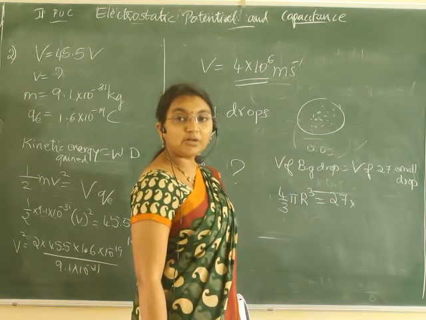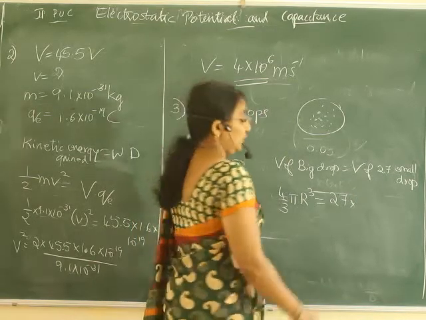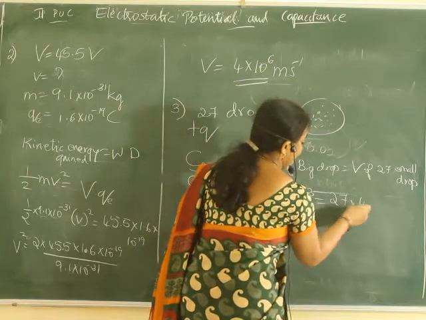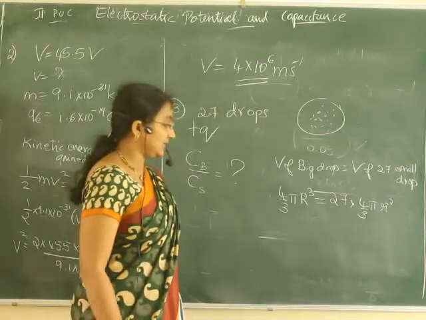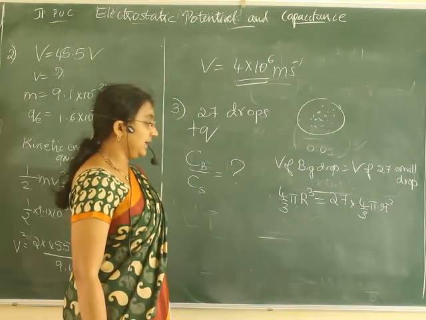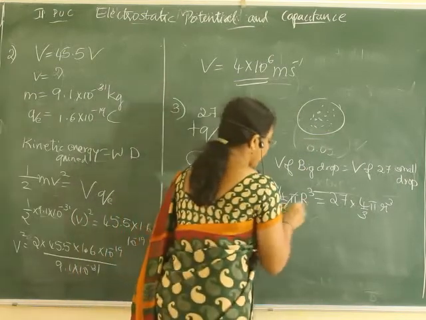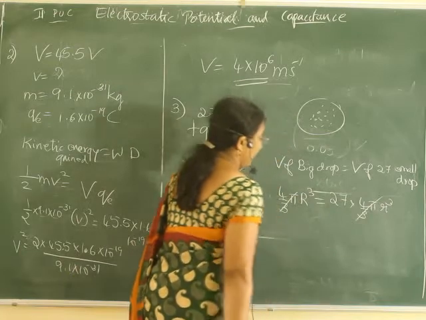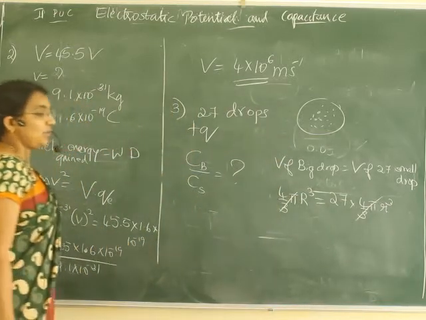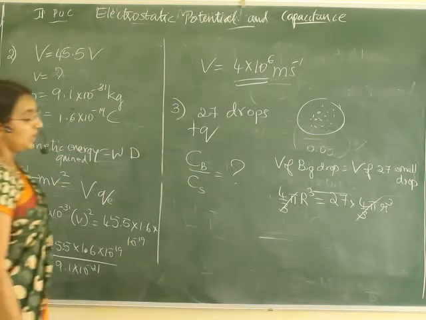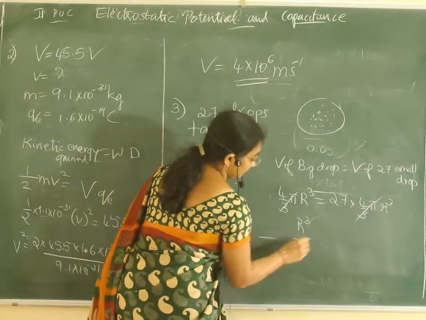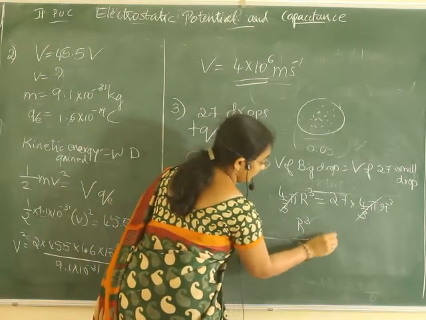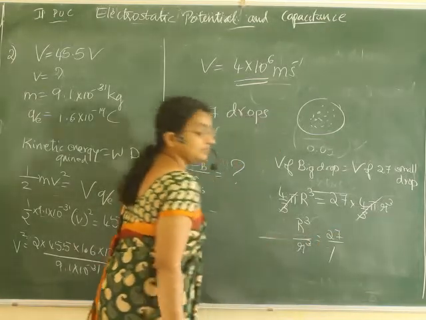For 27 drops, 27 into 4 by 3 pi r cube. Correct? Now, 4 by 3 pi will get cancelled. So what is the remaining? R cube by r cube is equal to 27 by 1.